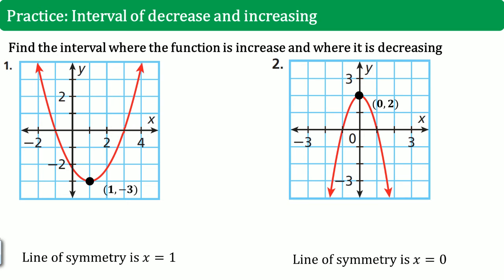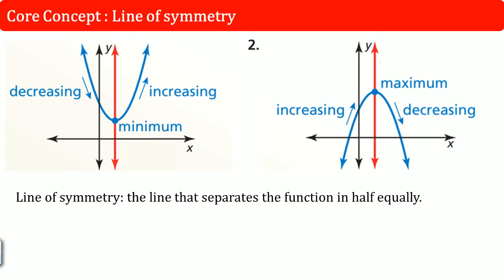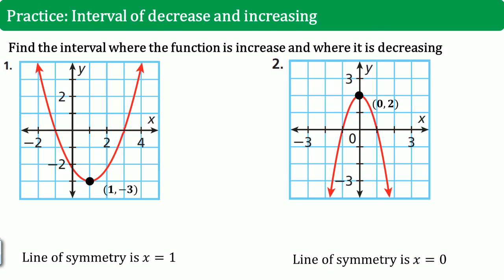Now, when it splits it, okay, look, if we split it, it splits an increasing side and a decreasing side. So let's take a look for this one, right? This splits it. This side is going to be decreasing. So this is your decreasing, because it gets smaller, goes to the minimum, then it increases.